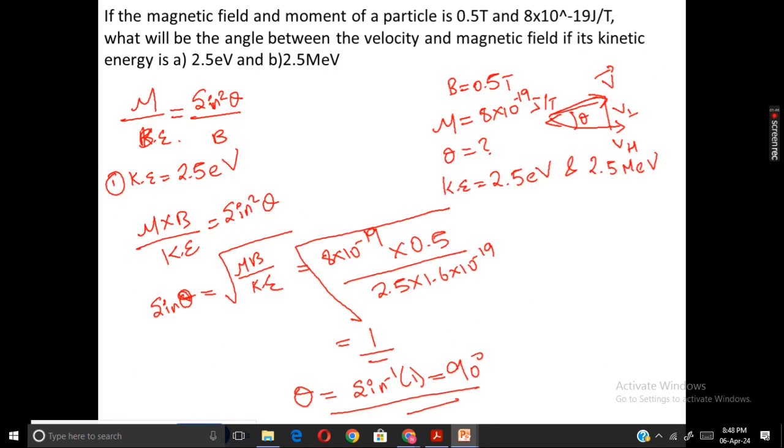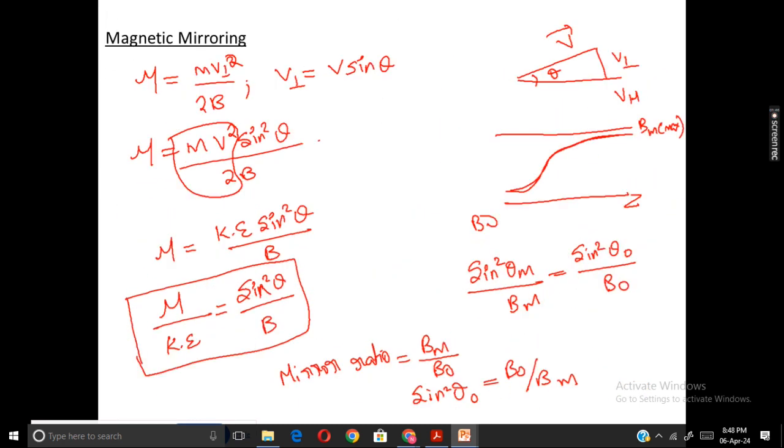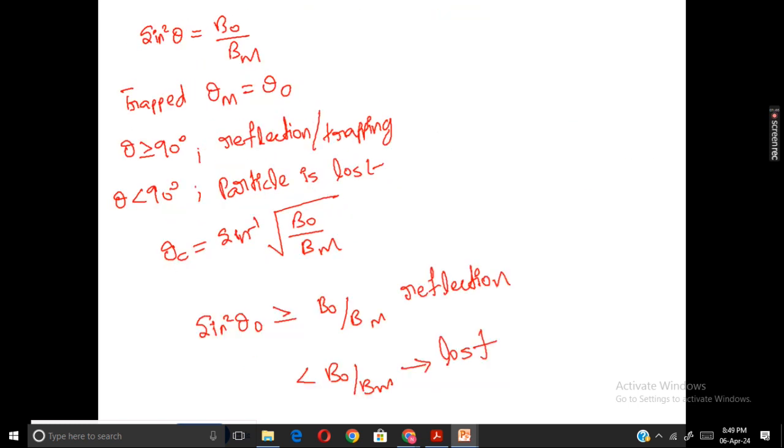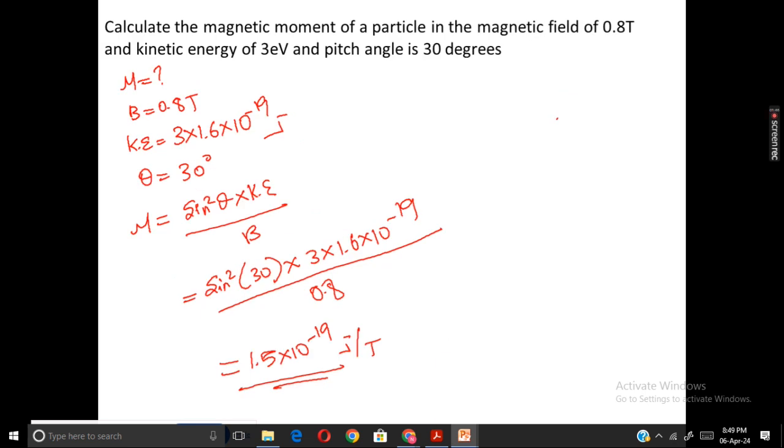Then we also discussed magnetic mirroring. This comes from the concept of the magnetic moment within a magnetic field, so the particle will be trapped. We derived the equation for that and the conditions for trapping. Then we did some problems. I think that's it.